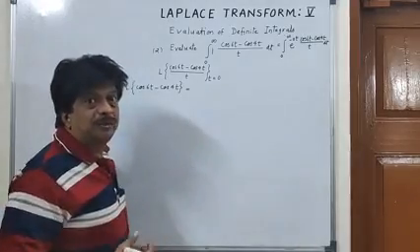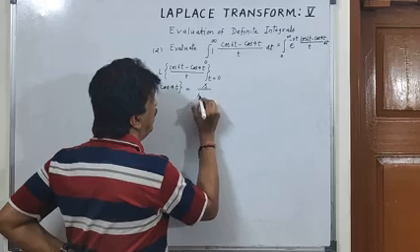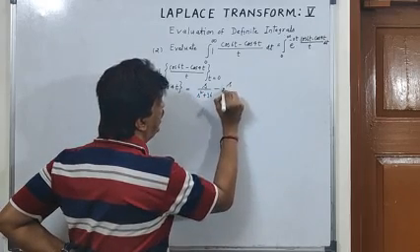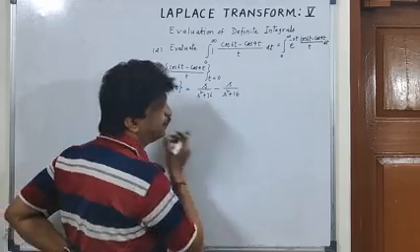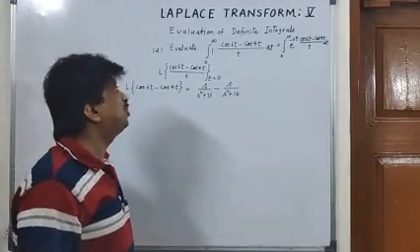Laplace transform of cos of 6t is s upon s square plus 36, minus that of cos 4t, which is s upon s square plus 16. This is the Laplace transform of cos 6t minus cos 4t.